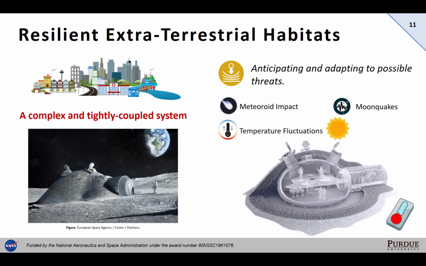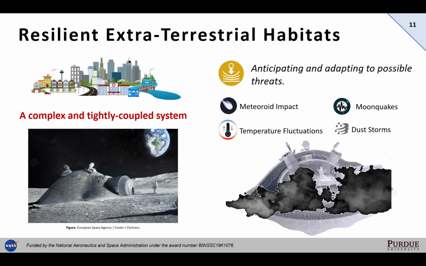We can reach very high temperatures when the sun is irradiating in the habitat's direction, and very low temperatures when we're at the dark side of the moon. Dust storms are also a threat, as they can damage equipment such as power generators that surround the habitat.